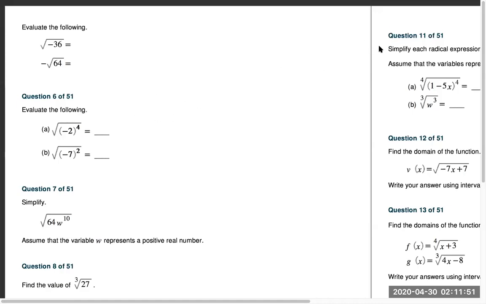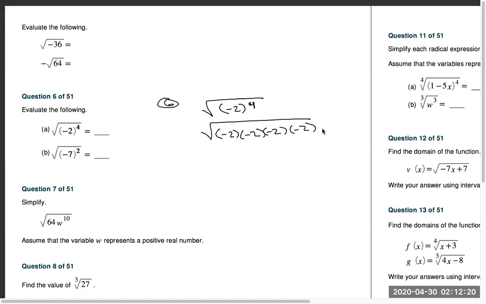Number 6 is next. Evaluate the following. You have to be careful here. Essentially, negative 2 to the 4th power is going to be negative 2 multiplied 4 times.